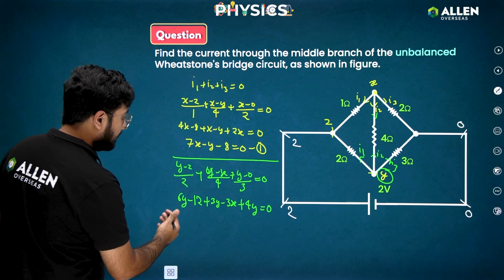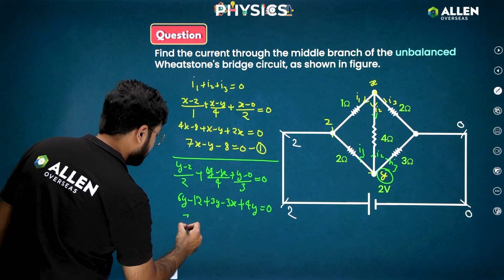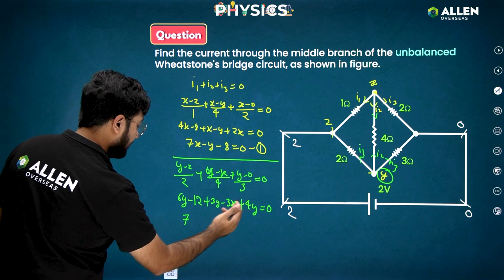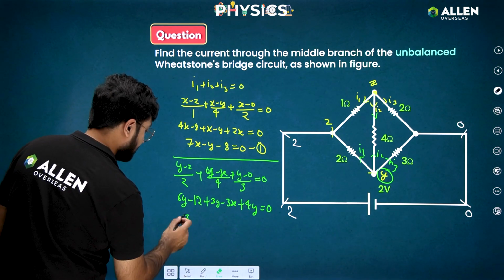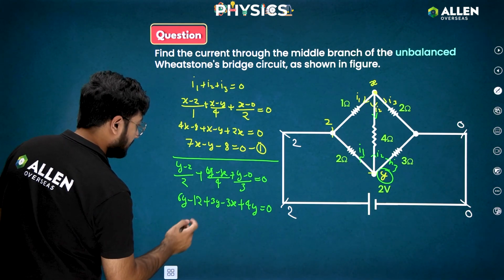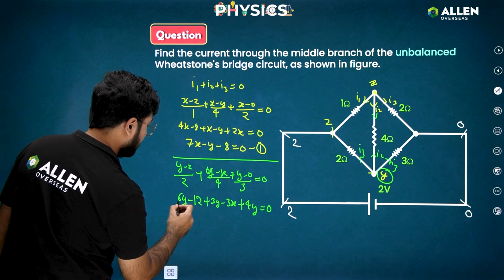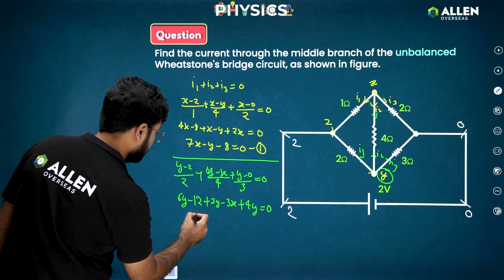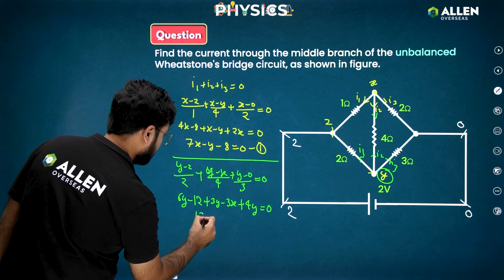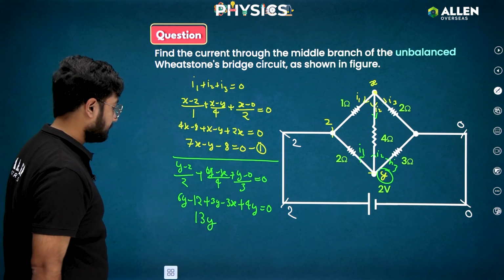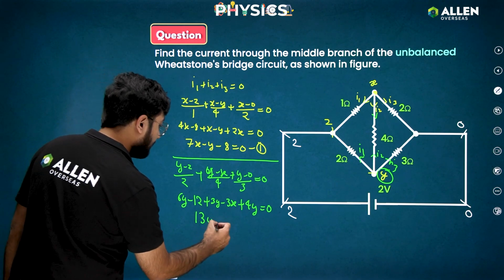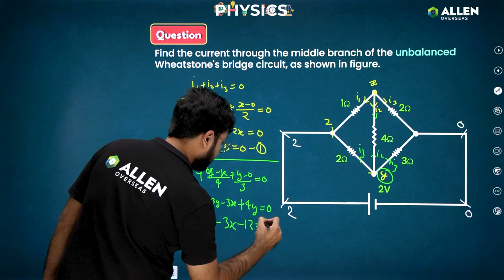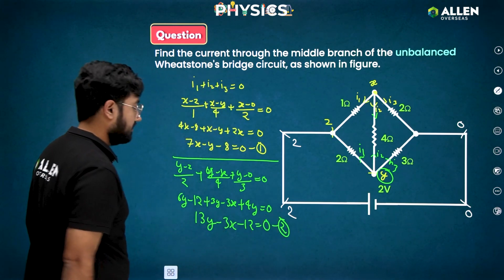So 6 plus 3 is 9, 9 plus 4 is 13. So 13y. Keep on checking. Minus 3x minus 12 is equal to 0. That is my second equation.